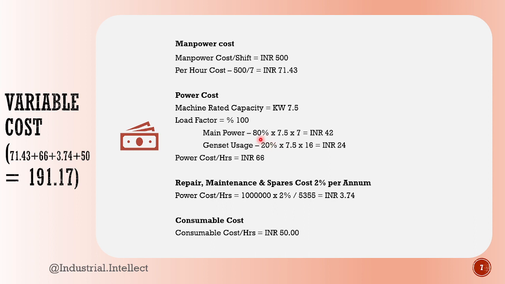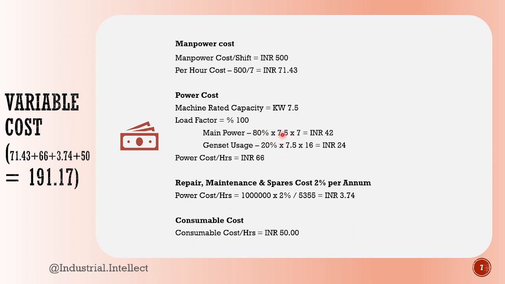So with that, 80%, as I shared, will run on the regular power from the electricity board, and 7.5 is the kilowatt. 7.5 kilowatt means in an hour 7.5 units get consumed by the machine.